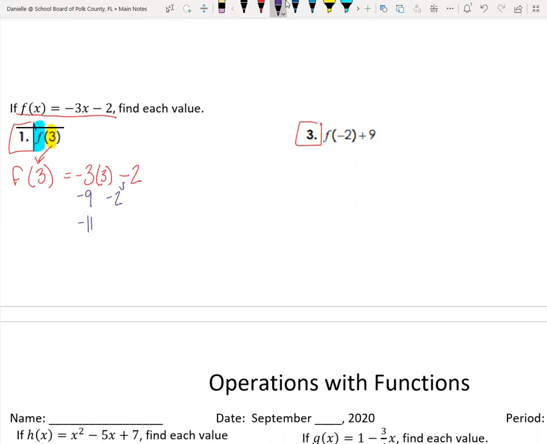On the next one, we've added one more step. So I'm doing f at negative 2, like we did here, but then I am adding 9 to the end. So let's go ahead and write out the original. I'm going to change my x's to negative 2, because they told me to use negative 2.